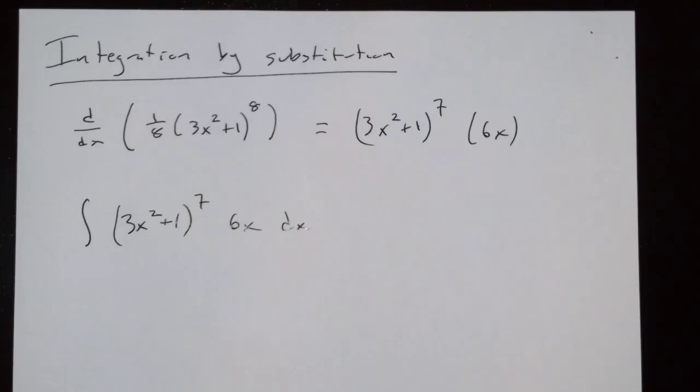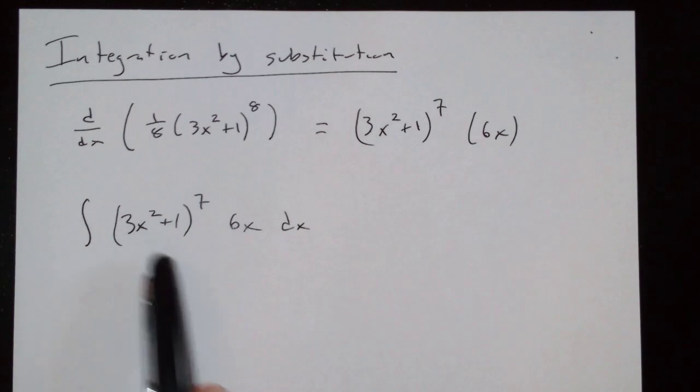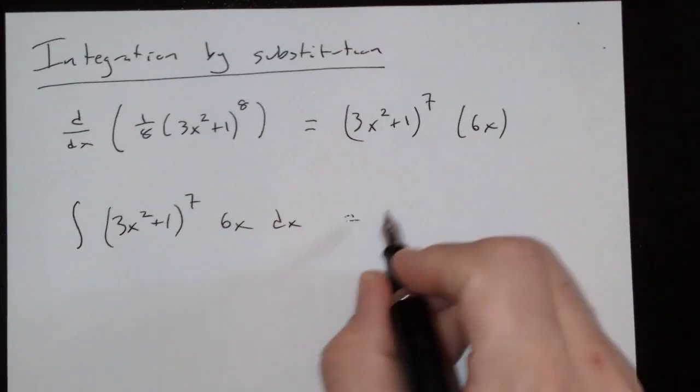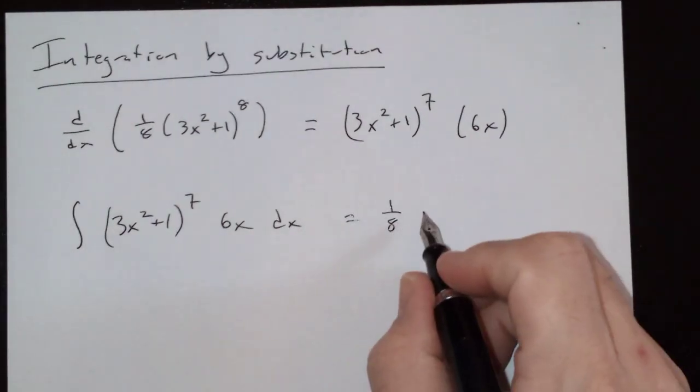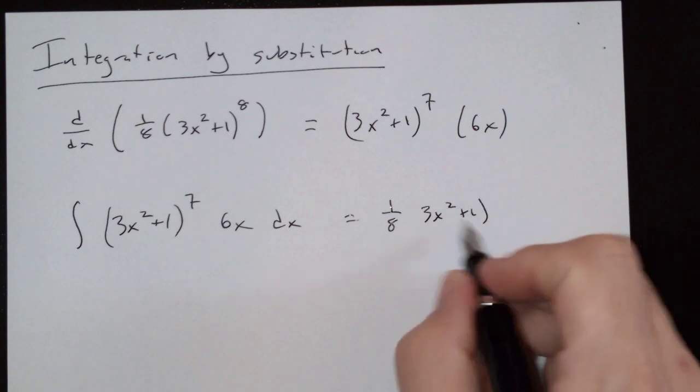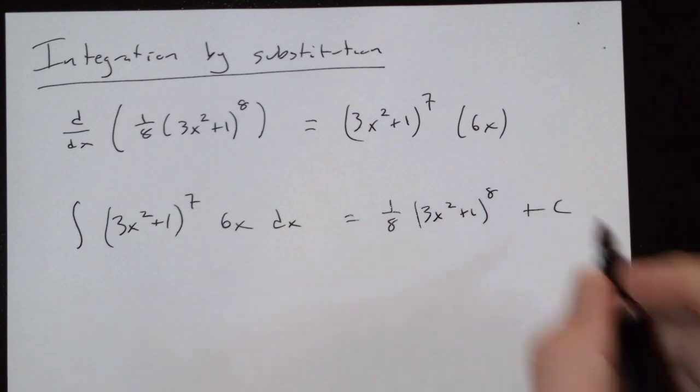Now, recognize that the thing inside, the integrand function, is what just came out of the derivative above. I know the answer to this is 1/8 (3x squared plus 1) to the 8th plus c.